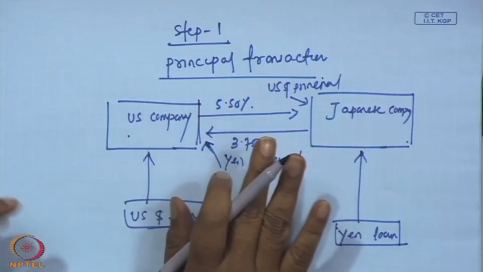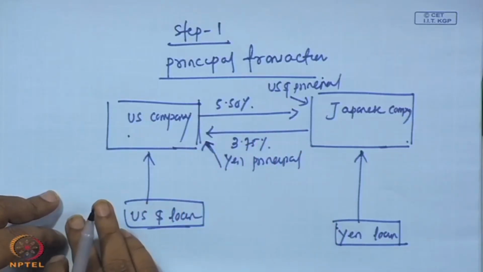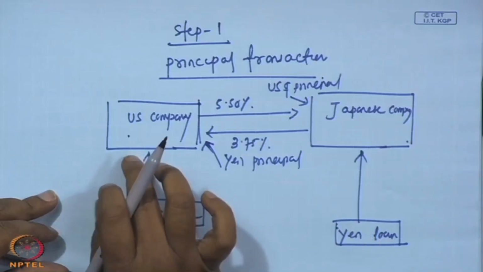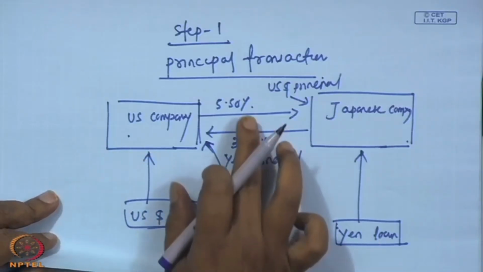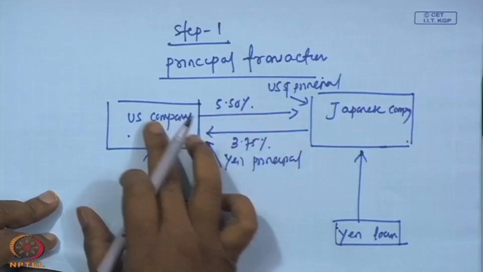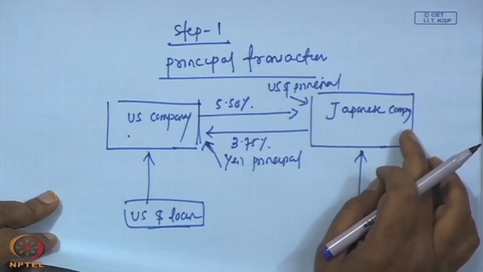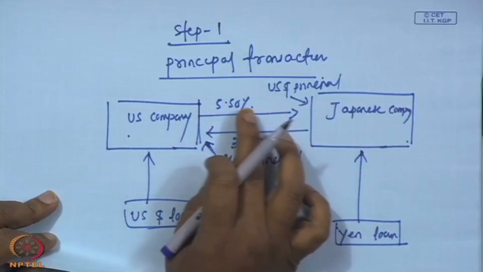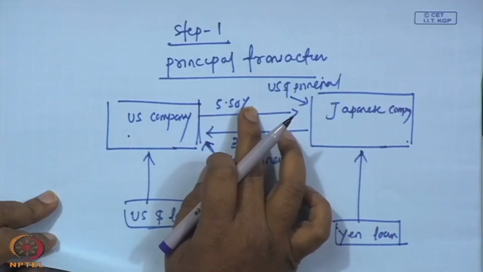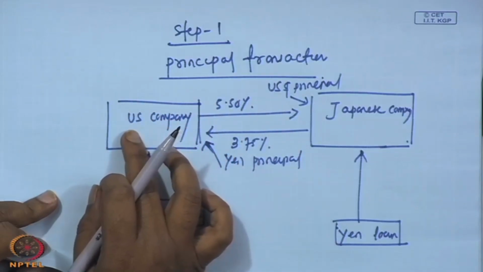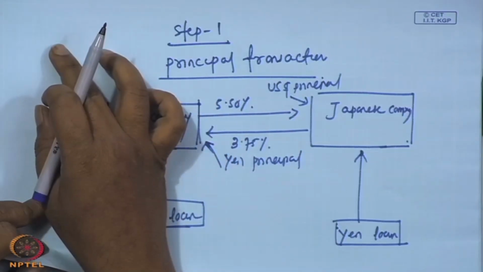So, these two principal transactions close here, but the US company raised the US dollar at 5.5%, the dollar is going to the Japanese company, and hence the Japanese company will pay the periodic interest of 5.5%, the US dollar denominated interest rate, to the US company, which pays those who have financed the loan.